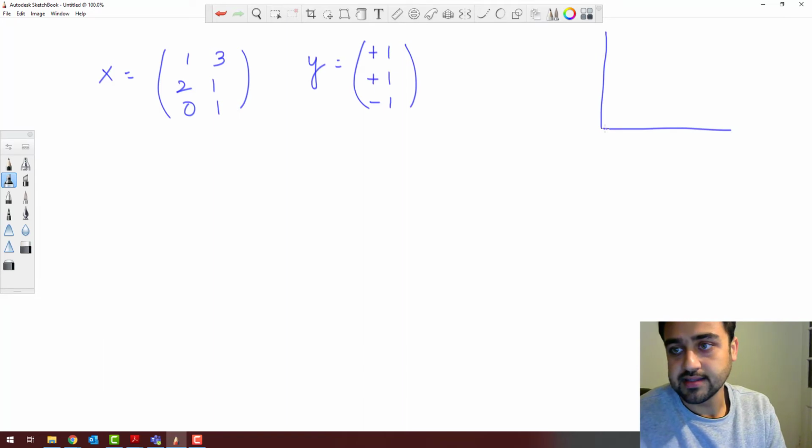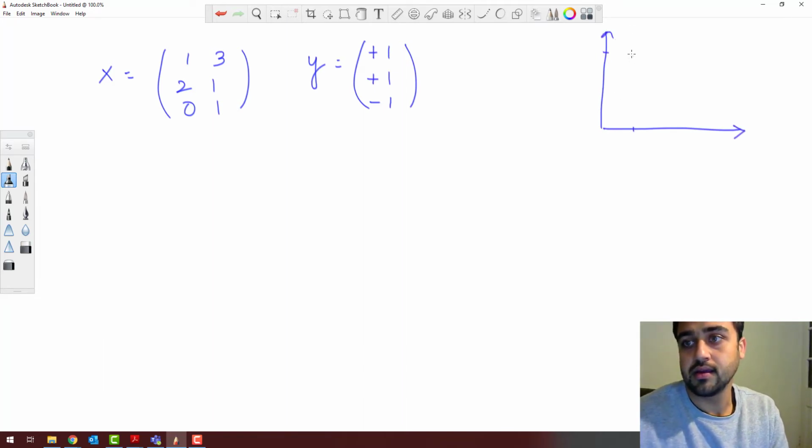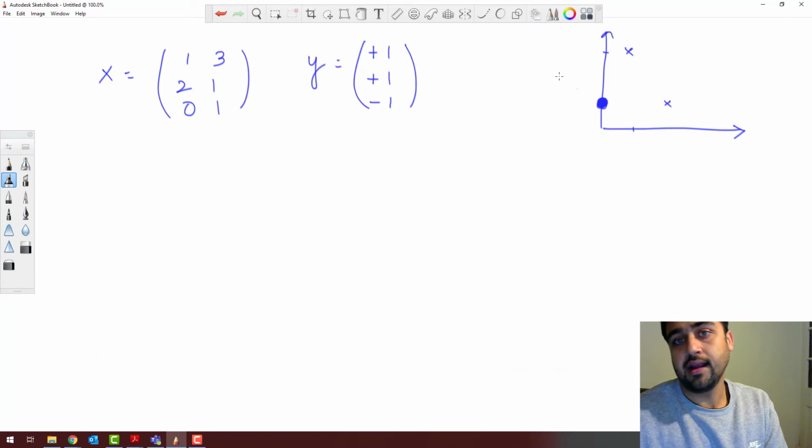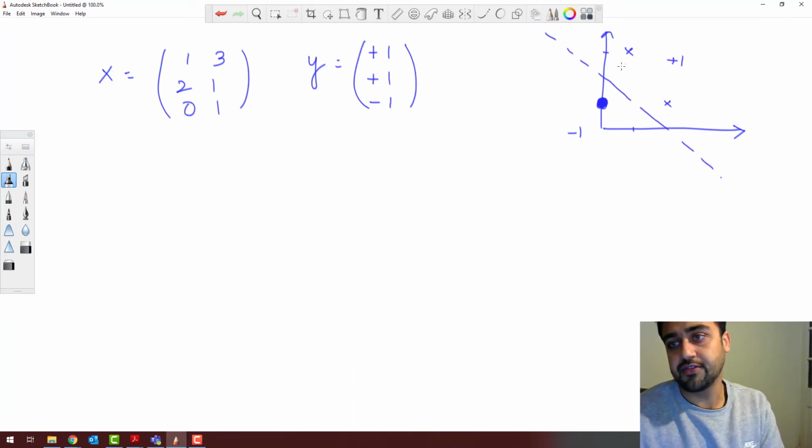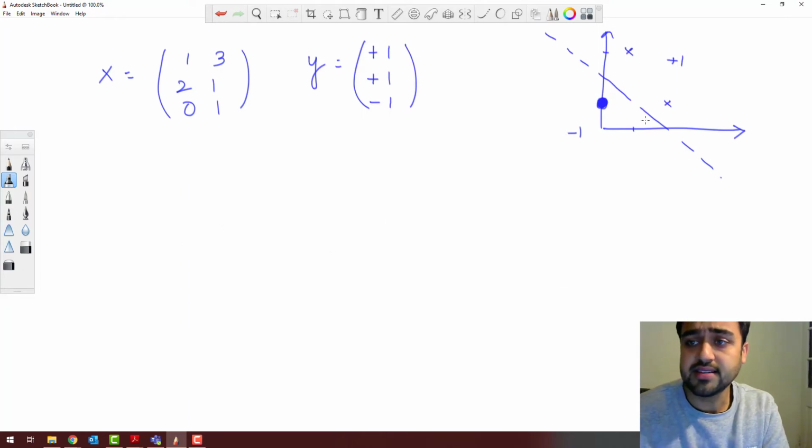So if you visualize this, the first point is 1, 3, here, the second point is 2, 1, here, and the third point is 0, 1, that is here, right? And it is given that these 2 points are considered as +1s and this point is in the negative class. So we want to build a decision boundary that differentiates between these two classes. And we can build this decision boundary through SVM in dual form.